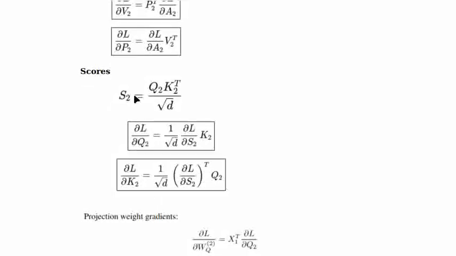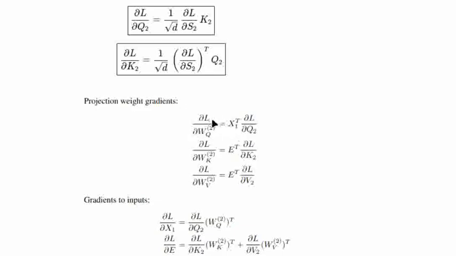And for the scores, S2 is equal to a softmax argument. Then dl dQ2 is given by this formula. dl dK2 is given by this. And the projection weight gradients could be calculated using these formulas.